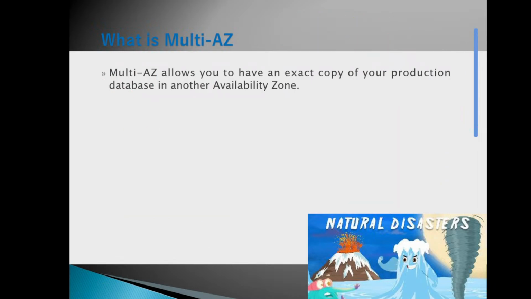So Multi-AZ allows you to have an exact copy of your production database in another availability zone. Now this is important. It will be in another availability zone. So if you have one machine in availability zone 1A, then the other machine will be in 1B.